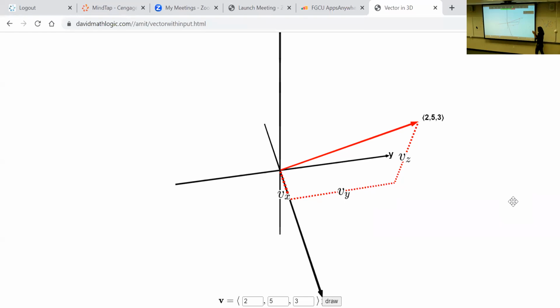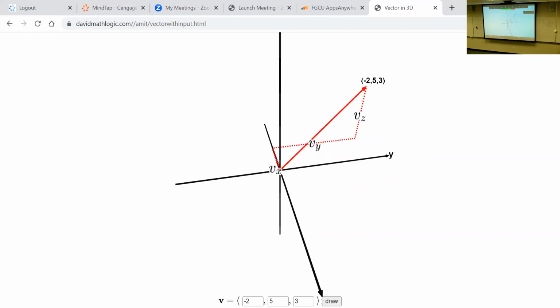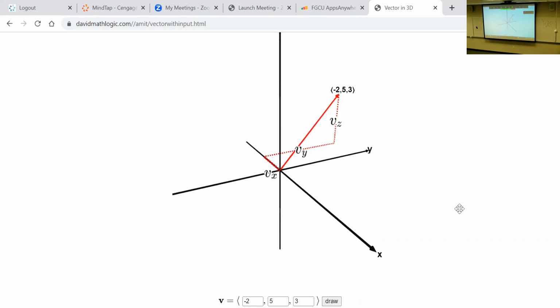So what would happen when I change that 2 to a negative 2? It goes in the other direction. We'll change to negative 2. Good. Direction change.